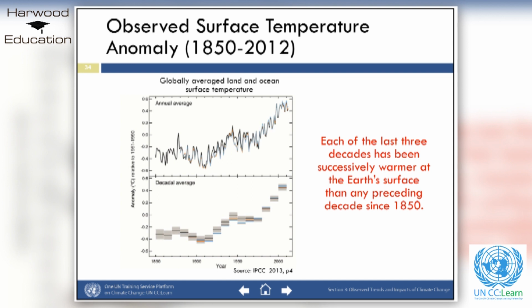However, it is clear that each of the last 3 decades has been successively warmer at the Earth's surface than any preceding decade since 1850. The temperature increase is widespread across the world, but there are important regional variations. Warming has been most marked in the northern polar regions.